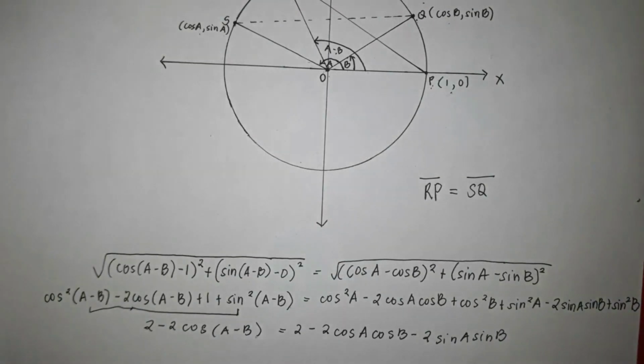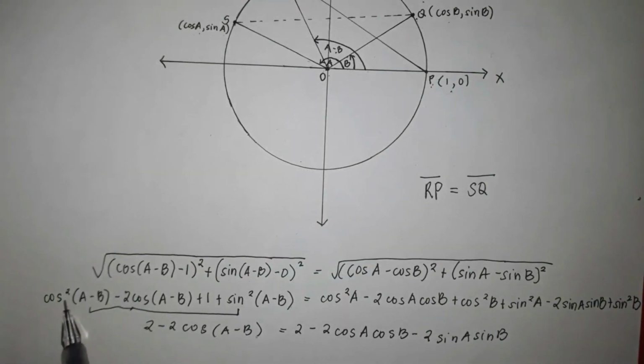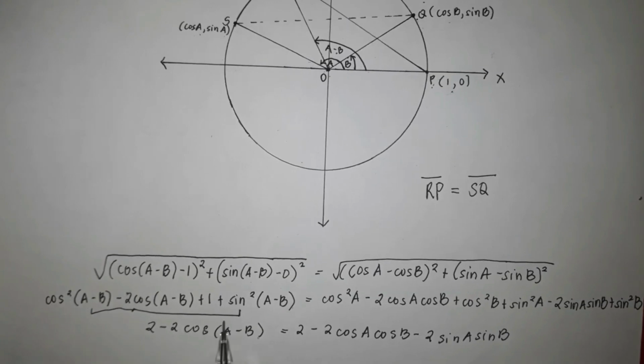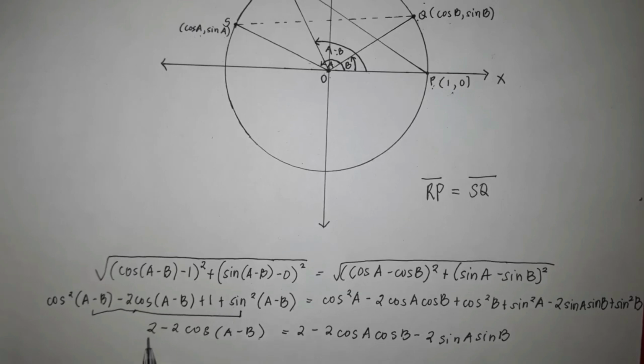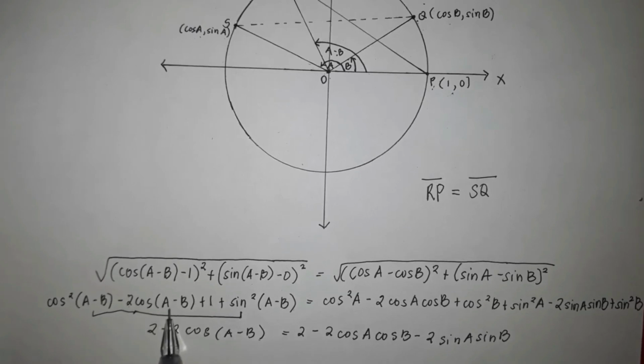Now we will do some combining of terms. Cosine squared (A minus B) plus sine squared (A minus B) is just equal to 1, because according to the Pythagorean identity, cosine squared theta plus sine squared theta is equal to 1. So 1 plus 1 is equal to 2, and we copy this: 2 minus 2 cosine (A minus B).